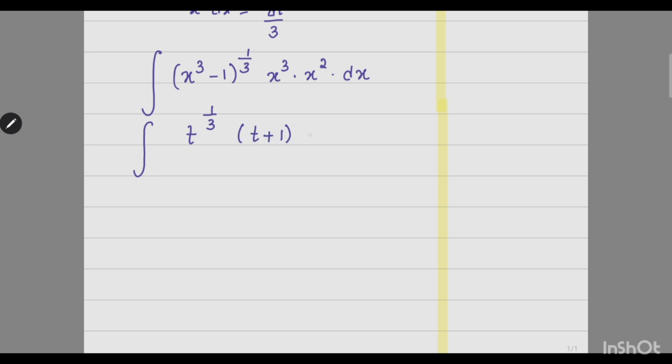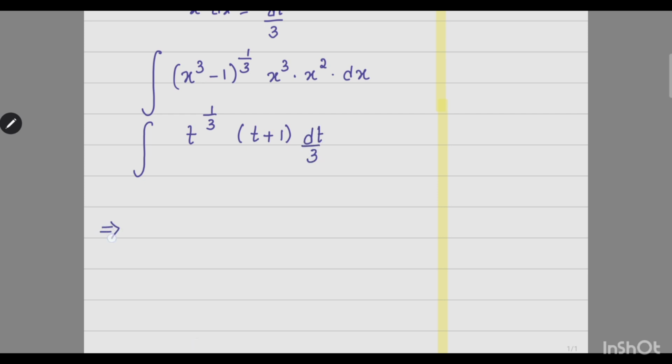So now we will rewrite the question once again. (x cube minus 1) to the power 1 by 3, x power 5 can be written as x cube into x square dx. So now x cube minus 1 is equal to t, so t to the power 1 by 3, and x cube can be written as t plus 1, and x square dx can be written as dt by 3.